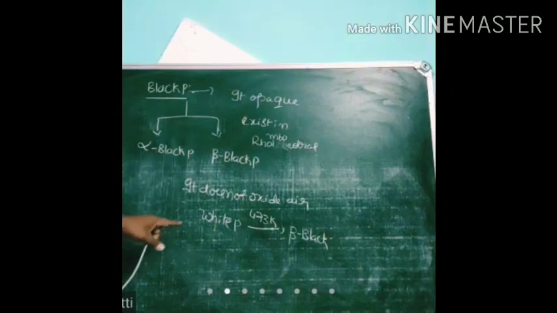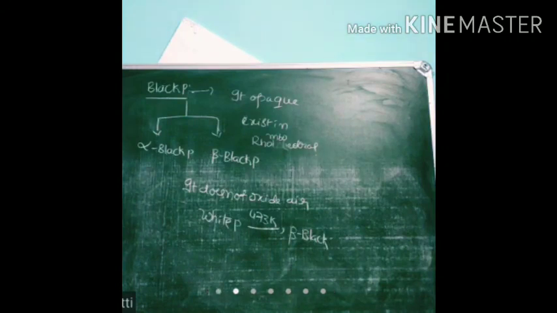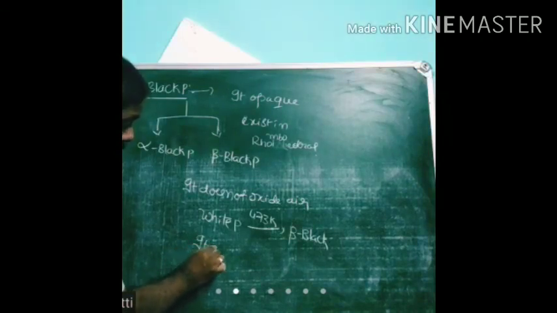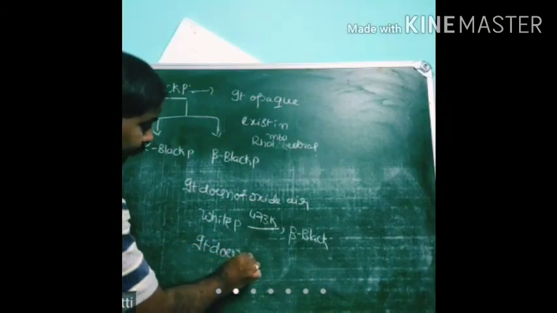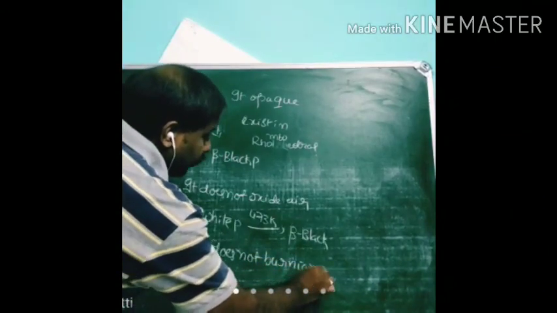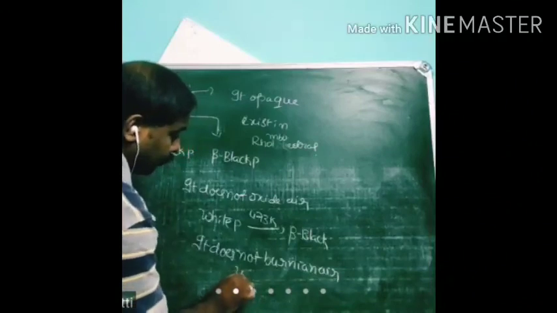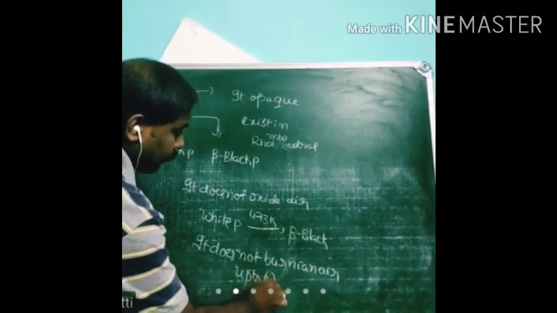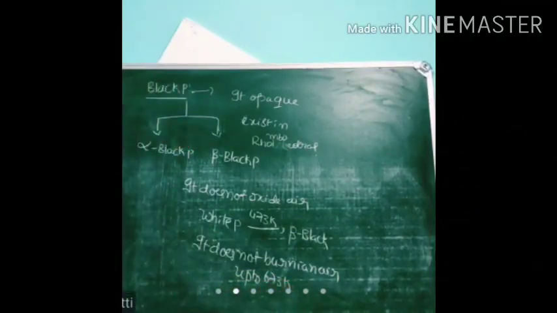Beta black phosphorus is obtained when white phosphorus is heated at 473 kelvins at high pressure. It does not burn in air up to 673 kelvins. Above 673 kelvins, it can burn in air.